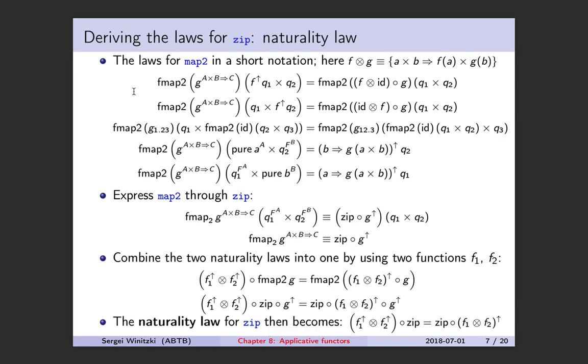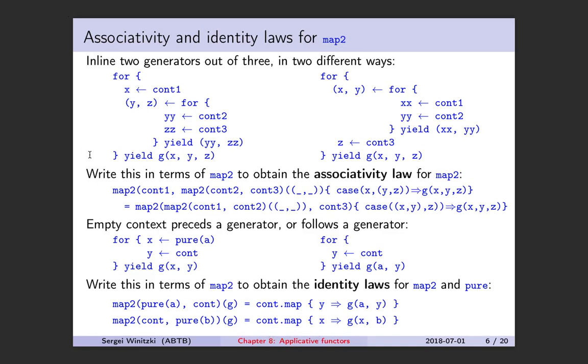So now let's derive the laws for zip. The reason we want to do it right away is that these laws are quite complicated. So these are very complicated combinations. So basically, map2 of cont1, map2 of cont2, cont3, that is simple.